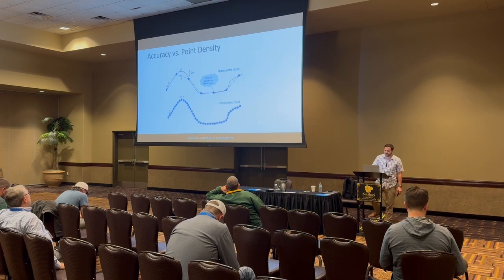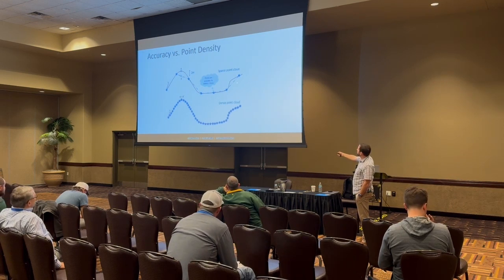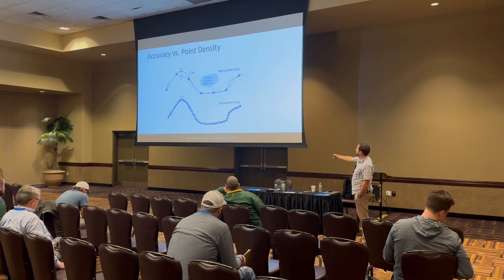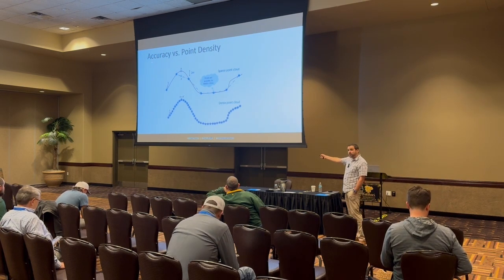And in fact, here's another slide on accuracy and point density that really shows this idea that if you have a less dense point on a piece of terrain here, even if these points on this top one are more accurate as individual points, when you actually start measuring the real surface, this red line, against the TIN surface, it winds up creating way, way, way bigger errors.